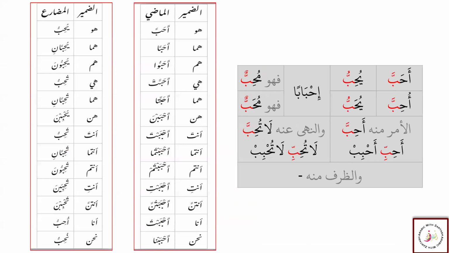Then we learned how the different patterns or versions, the sigas, change according to the rules. We see a big change in the Fa'il Madi from Hunna till Nahnu. Then we saw changes in the Mudari forms for only the feminine versions, Hunna and Antunna. We saw how the split is going to happen for Hunna and Antunna, also in the lightest versions.